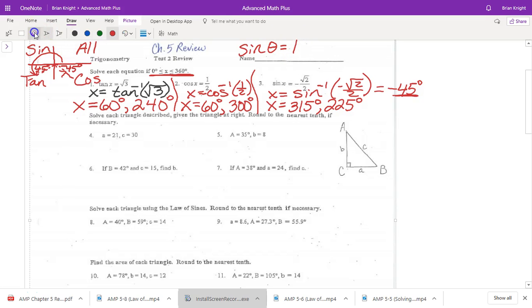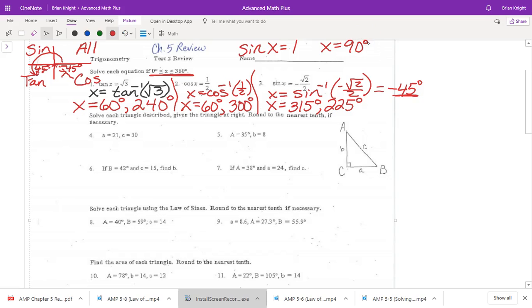It's x, though, isn't it? So this is an extra review problem, okay? Stick it in your calculator like you always have. Inverse sine of 1 is 90. Very good, okay? 90 degrees.